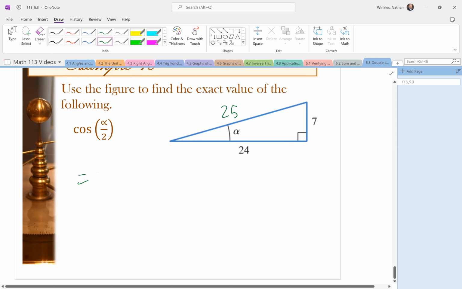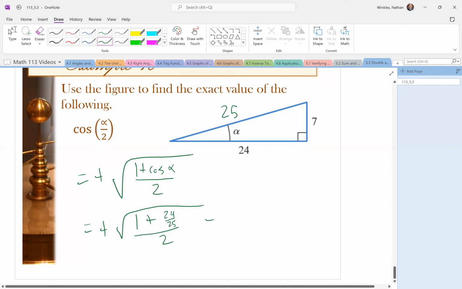So therefore, this is equal to the positive of the square root of 1 plus cosine of alpha all over 2, which is equal to 1 plus, so cosine of alpha is 24 over 25, all over 2. So this is equal to the square root of 49 over 50, which is 7 over square root 50.